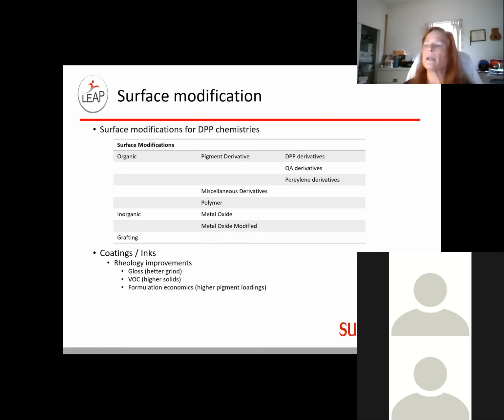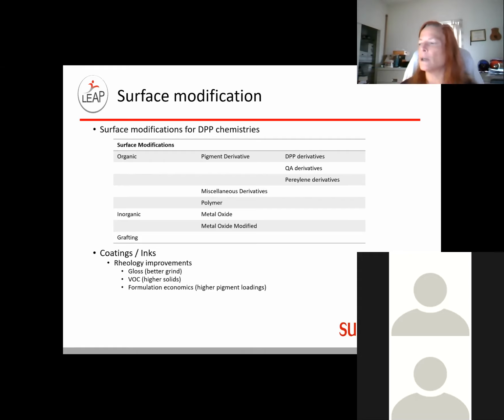It also can help with your VOC formulation. Because of the lower viscosity, you can use higher solids formulations because of the surface modification on the DPP chemistries. And the other area that we spoke about, of course, is formulation economics.